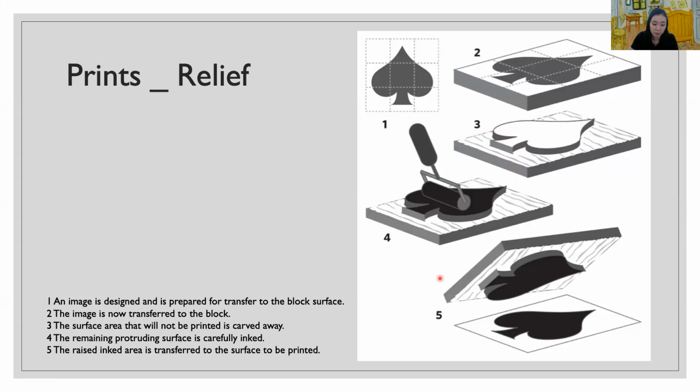Number four, the remaining protruding surface is carefully inked like this. This raised area holds the ink. And now the raised inked area is transferred to the surface to be printed, the paper. That is the basic concept of relief printing.